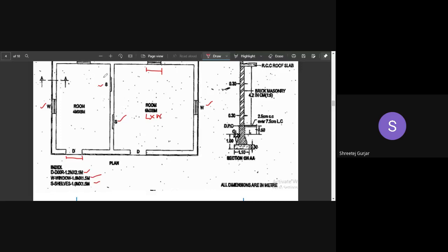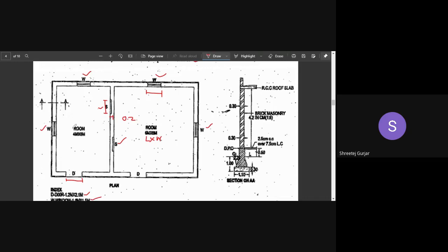Usually the thickness, or the depth of the shelf, that is how much it goes into your wall, is taken as 0.2, since this wall is 0.3 meter in thickness. You can see the wall thickness is 0.3. Since it is 0.3, we will take how much the shelf goes into the wall as 0.2 meters. Remember this, we will be using this later. So we are done with the plan.